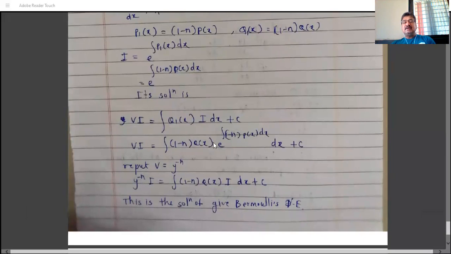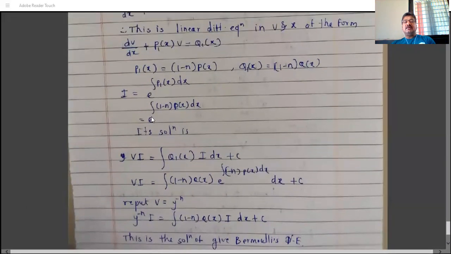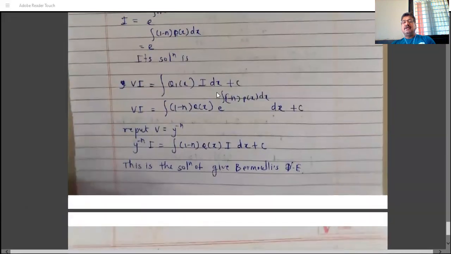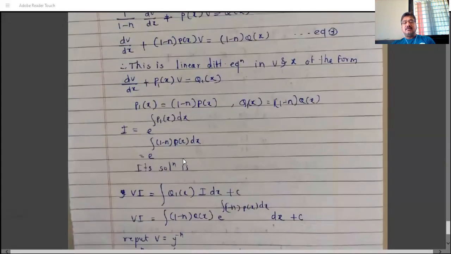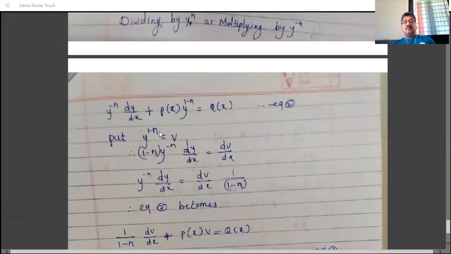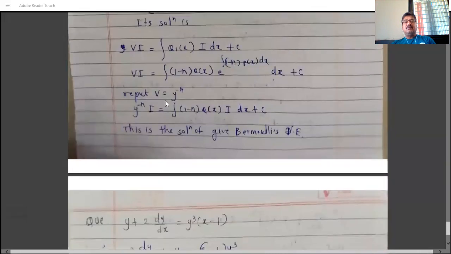And I is e raised to integration of (1 minus n) P(x) dx, plus constant, and then resubstitute v as y raised to 1 minus n.